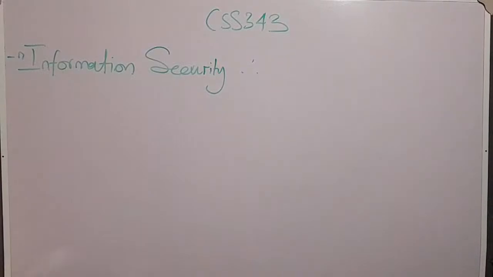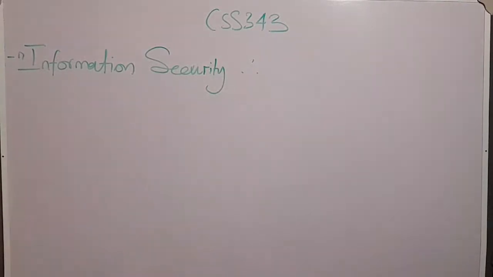Now let's see what we have in the material. Information security is a protection for the interest of those who rely on information, the information system and communication system that deliver information, from harm resulting from failures of availability, confidentiality, and integrity.